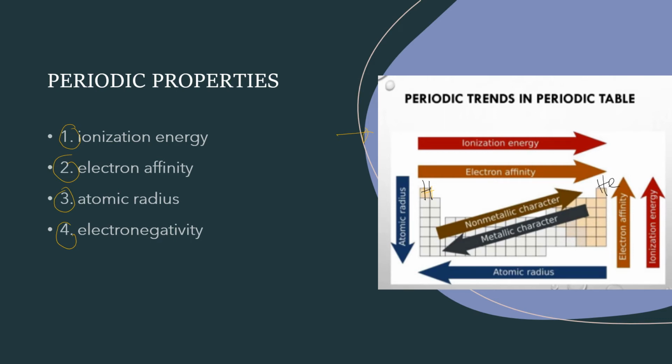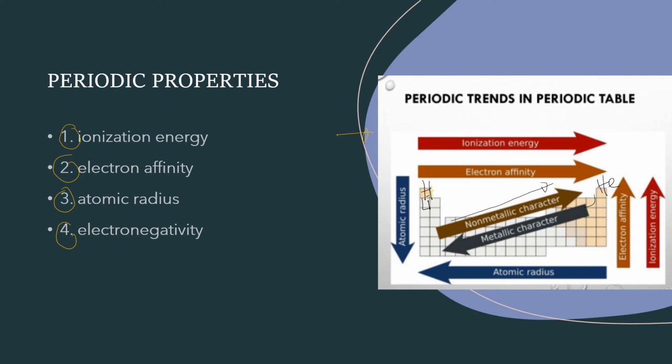For atomic radius, the atomic radius for hydrogen compared to lithium in the second row or second period is lower, because the atomic radius going down the group is increasing. For non-metallic character, you can see here, going across a period, the top one is the most non-metallic character.